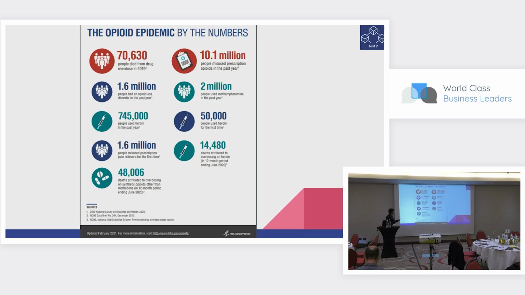And as of 2020, 1.6 million people suffered from opioid use disorder. And these are people who are not just using illicit opioids, but people who had to be treated with opioids for maybe pain medication or after undergoing a traumatic surgery.